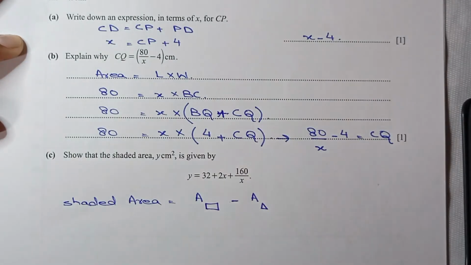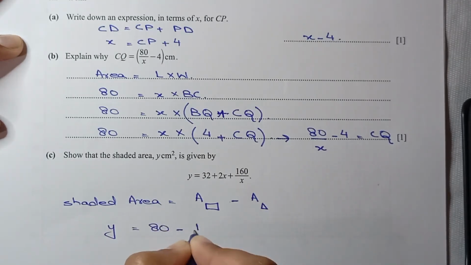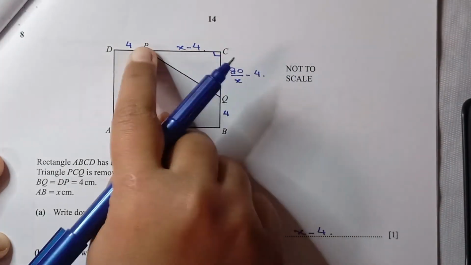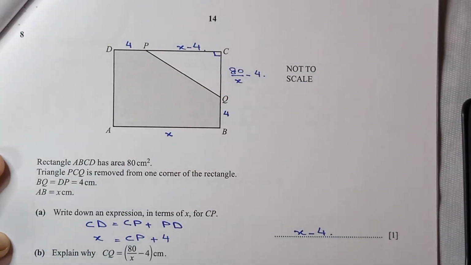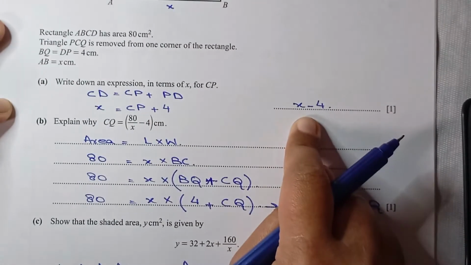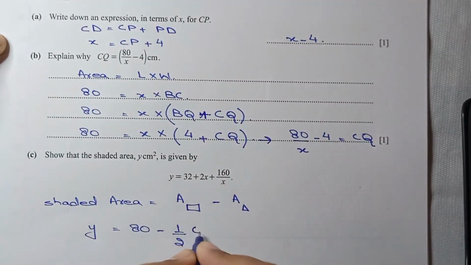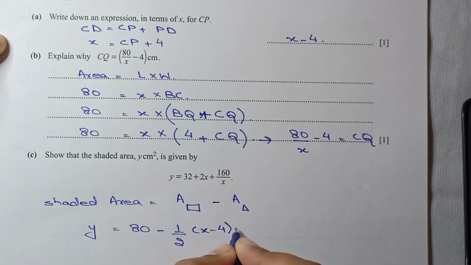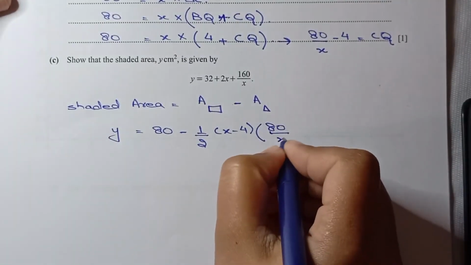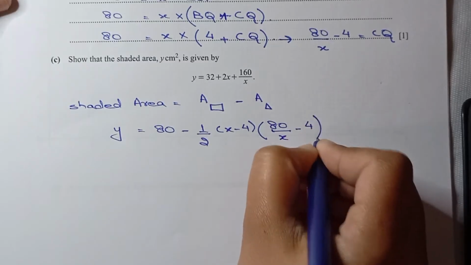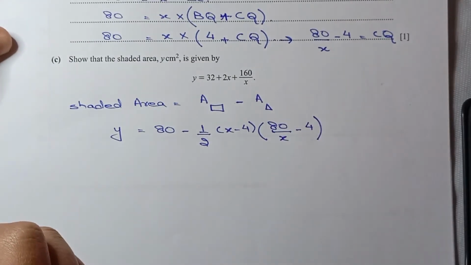Right? So the shaded area is y, the area of a rectangle is 80, the area of a triangle is half base times height. You can see the base is CP and the height is CQ. CP is x minus 4 and this would be CQ, right? So we have base times height, 80 over x minus 4. Okay, so let me simplify the expression.